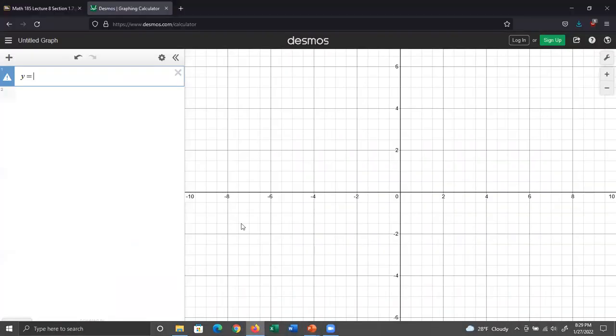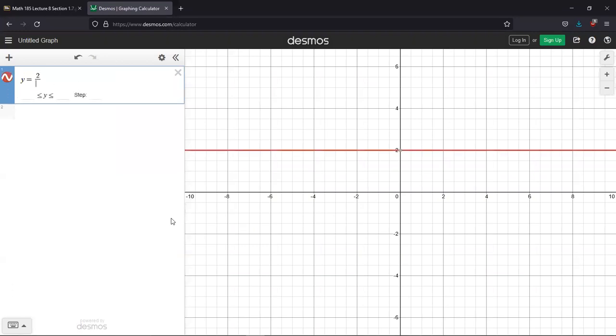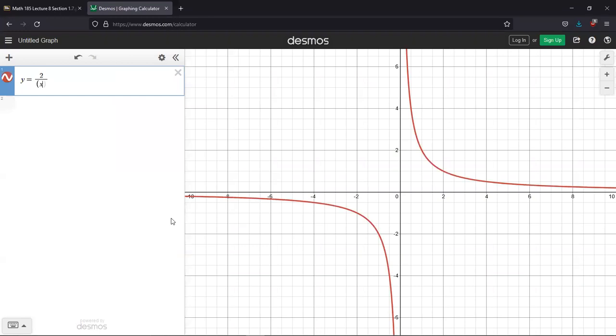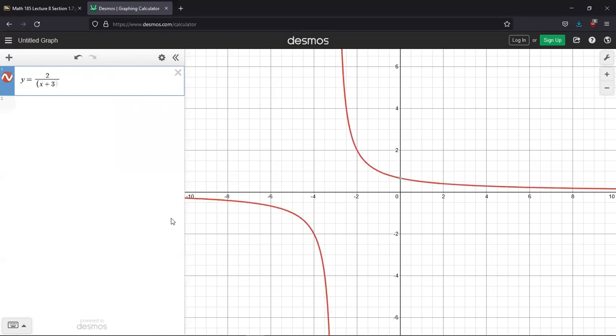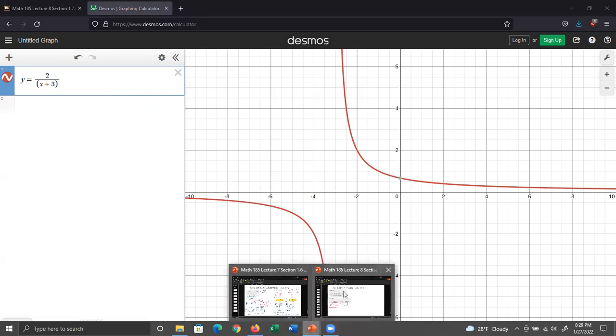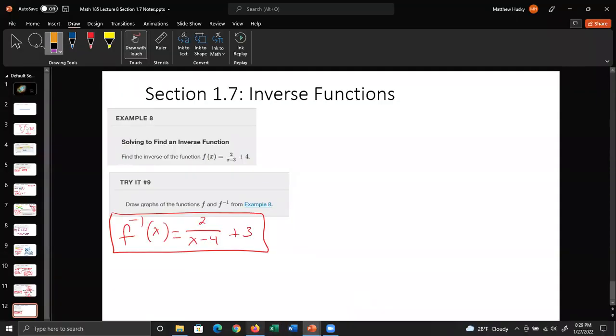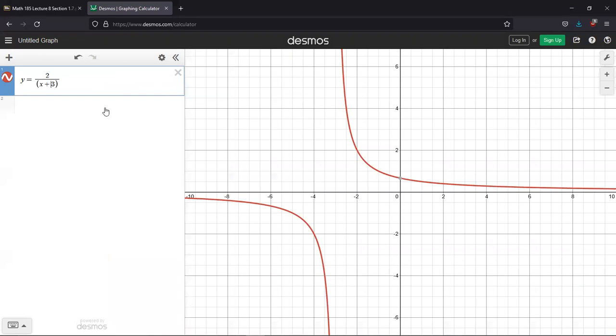So what we're going to do is 2 divided by, and then parentheses x plus 3. Let me just check. Was it x plus 3 or was it minus? x minus 3 and then a plus 4. So this is x minus 3.